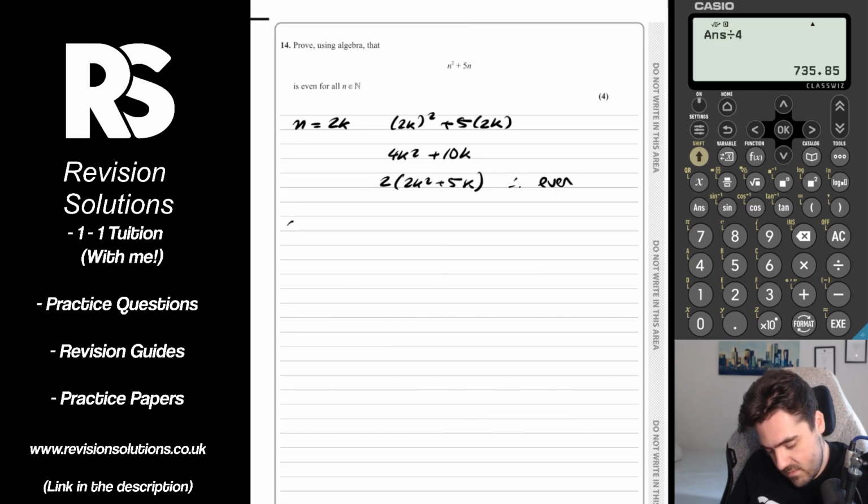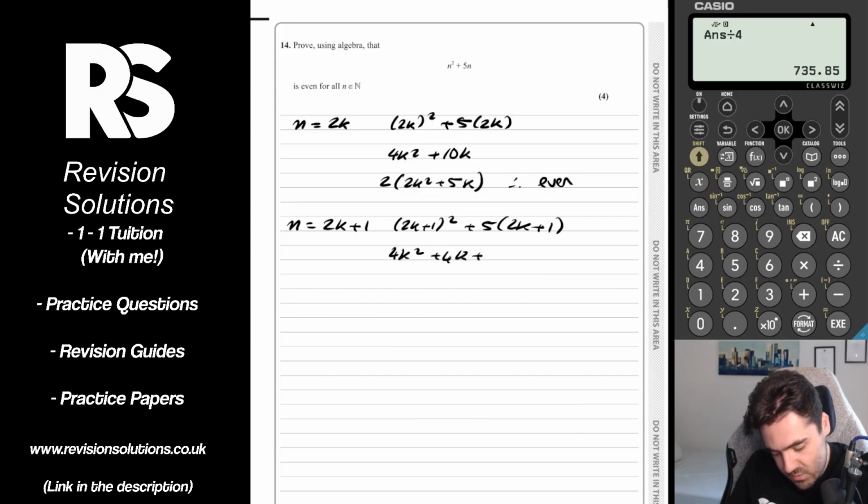Then if we want to check the odds, that would be 1 more than a multiple of 2. That's one way of doing it. And plug that in, we'd have 2k plus 1 squared plus 5 lots of 2k plus 1. That would give us 4k squared plus 4k plus 1 plus 10k plus 5, which gives us 4k squared plus 14k plus 6, which again, I can take a factor of 2 out of.